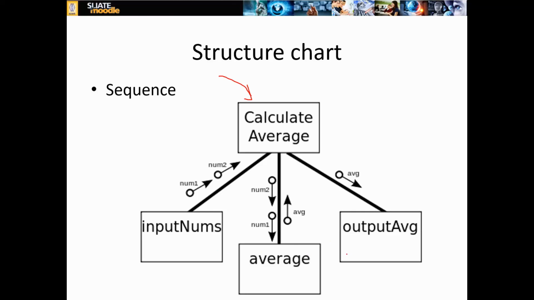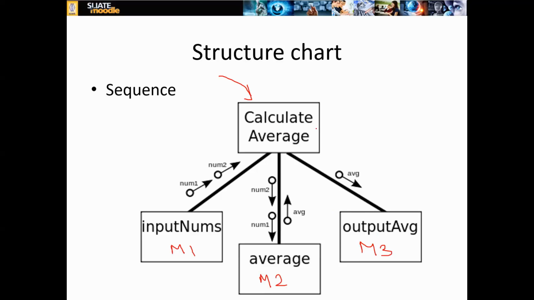You can decide your own modules and what each and every module will do, right? Therefore, here in this case, we have selected three modules, where module 1 will input the numbers, module 2 will calculate the average, and module 3 will give the output, right?